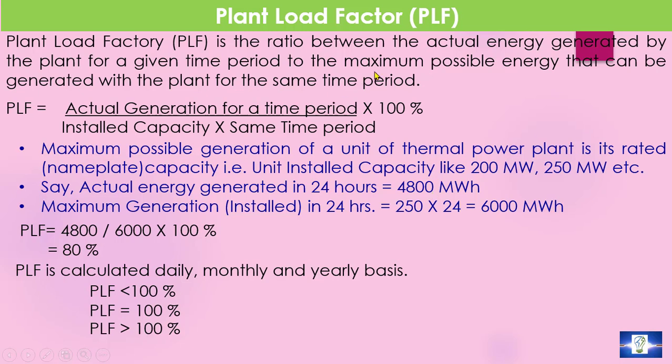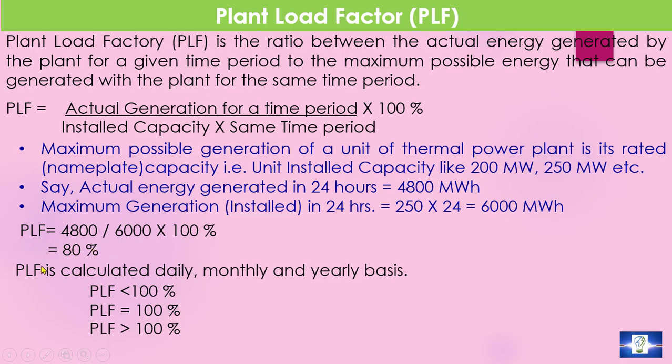And the maximum possible energy that can be generated with the plant is the rated capacity, meaning nameplate capacity of the unit, the installed capacity, like 200 megawatt, 250 megawatt, 500 megawatt, etc. So the maximum generation in 24 hours is equal to 250 megawatt into 24 hours, meaning 6000 megawatt hour. So the PLF is equal to 4800 by 6000 into 100%, meaning 80%.